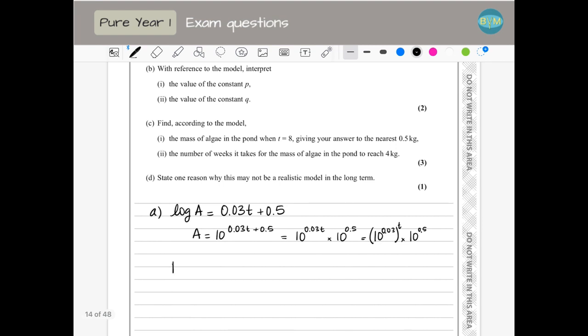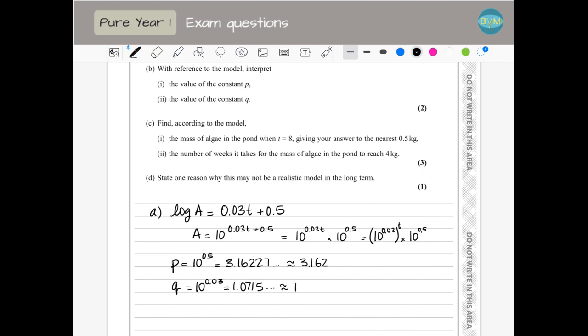So p is going to be 10 to the power of 0.5. You do that with a calculator, and you have 3.16227. When you round to four significant figures, it is 3.162. And q is going to be 10 to the power of 0.03, which is 1.0715.